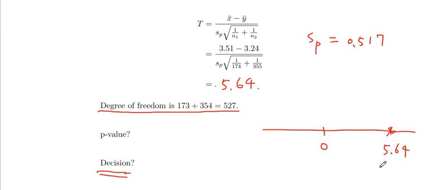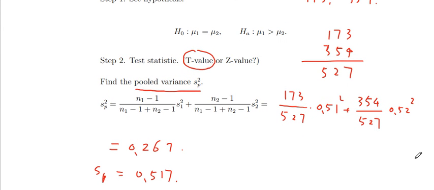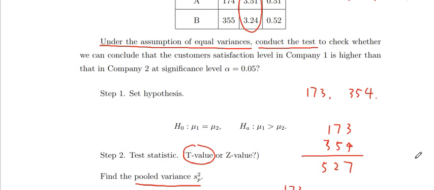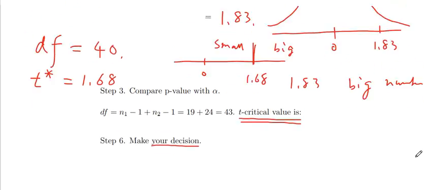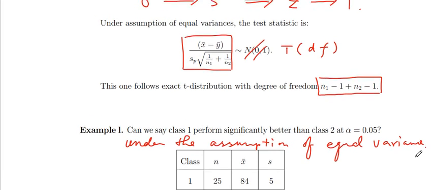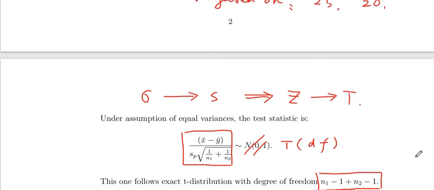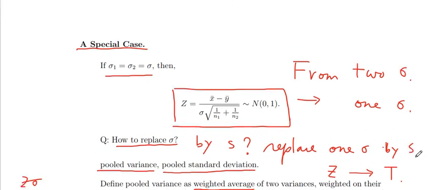So this class is a simple class. We just check a typical situation where we assume sigma 1 and sigma 2 are the same.